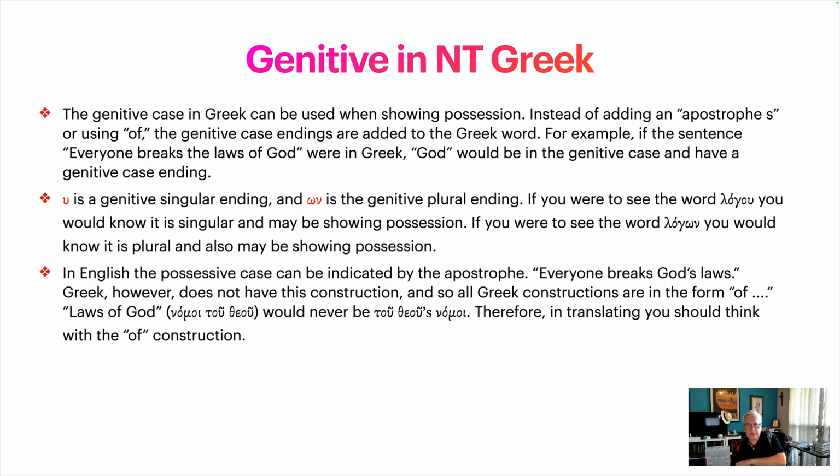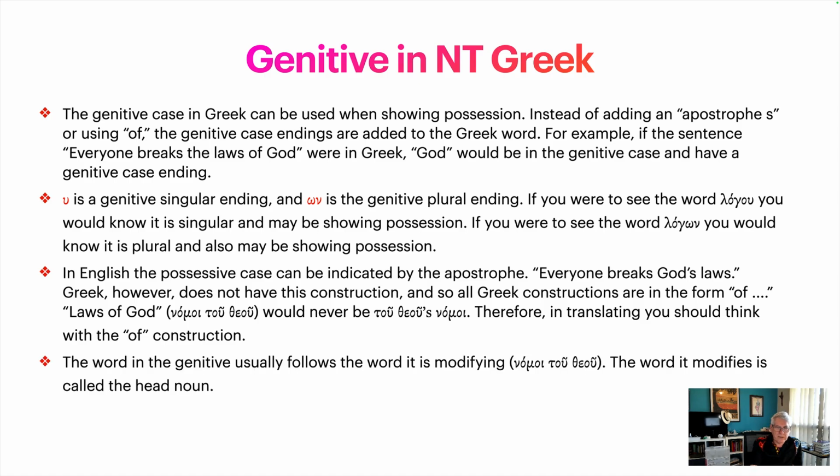Again, as we've seen, in English the possessive is indicated by the apostrophe. We don't have that option in Greek. So your initial translation will always be in the "of" form. Okay? So nomoi tou theou, laws of God. You can't do it the other way around. Always think of the "of."